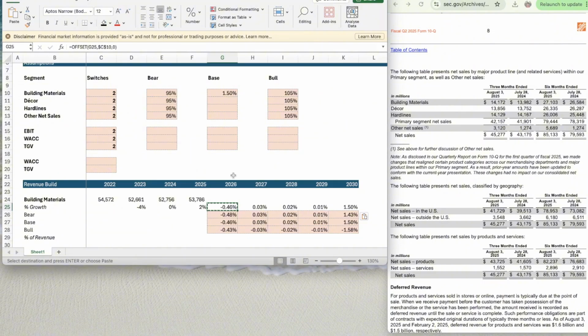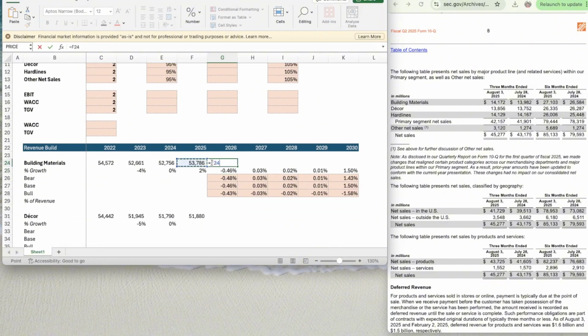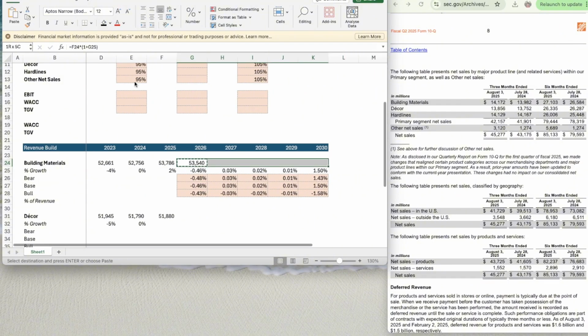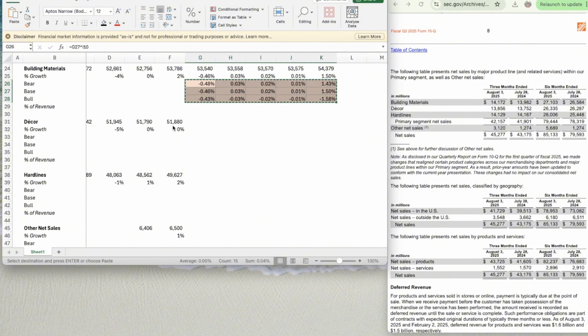And now, to work out what the revenue is going to be, you go the previous year multiplied by 1 plus whatever the growth rate was. In this case, it's negative, so it's going to be less. And then you just copy it across like that, easy. Hopefully this should all come in quite nicely.